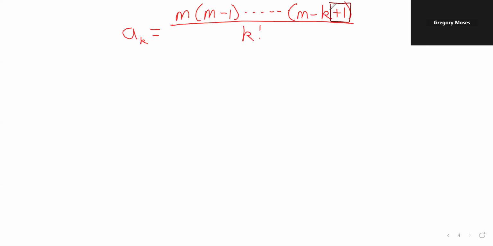And this is the binomial coefficient. This is m choose k. It's not written as m choose k, but it is. And in particular, what's going on here to make this look like m choose k is we can keep this pattern going. We'll put the next term. We're going m minus 1, minus 2, minus 3, and so forth.